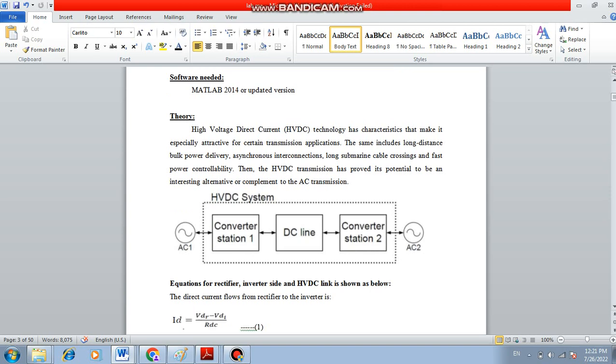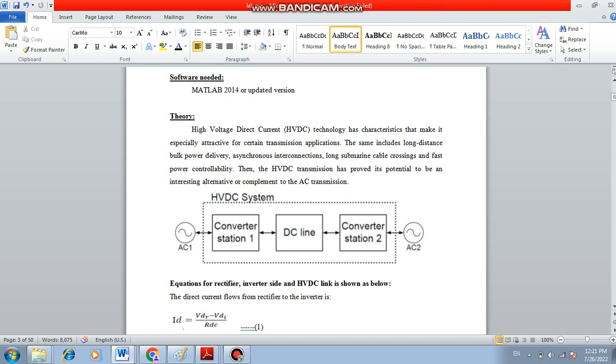The theory of this experiment is high voltage. We know about HVDC technology. There is a converter station, which is a rectifier. It rectifies AC to DC, and then after the converter station there will be a DC line, the HVDC line.